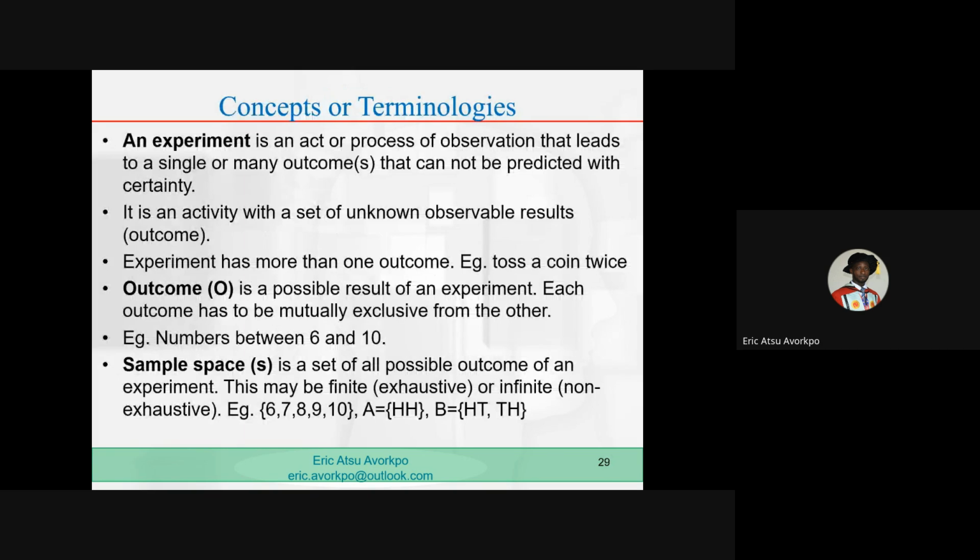Now, what then is an experiment? An experiment is just an act or a process of observation that would always lead to a single or many outcomes that cannot be predicted with certainty. In fact, if there is something that is an experiment, no one can ever predict the outcome of that experiment with 100% certainty.